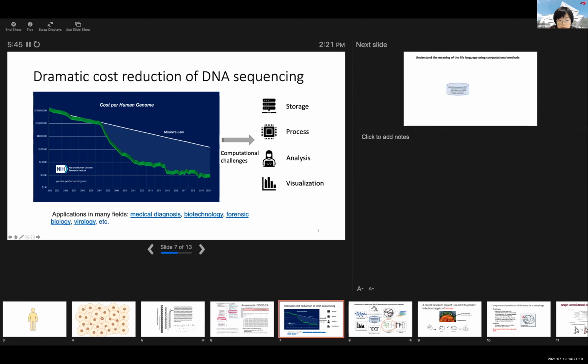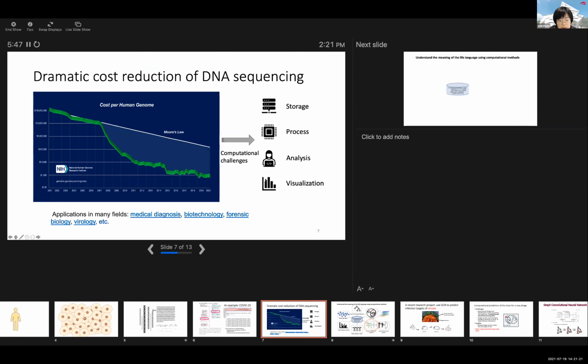Now is really a good time to study genomic data, the language of life, because the advancement of sequencing machines has dramatically decreased the cost of sequencing. This is the cost for the first human genome, and currently we are probably at this point, that is $1,000 per human genome.